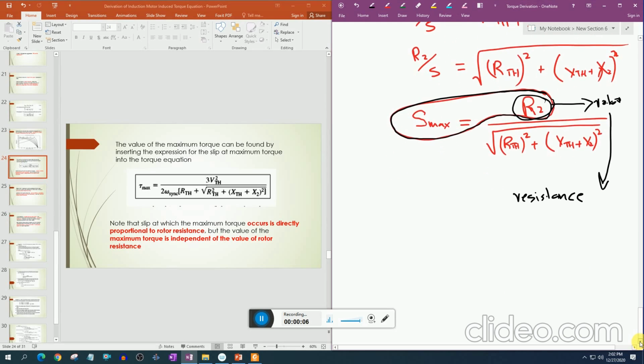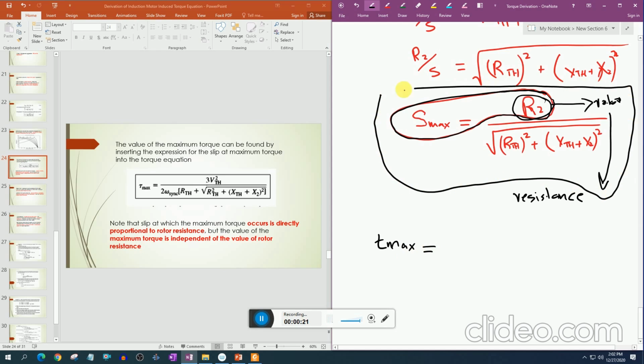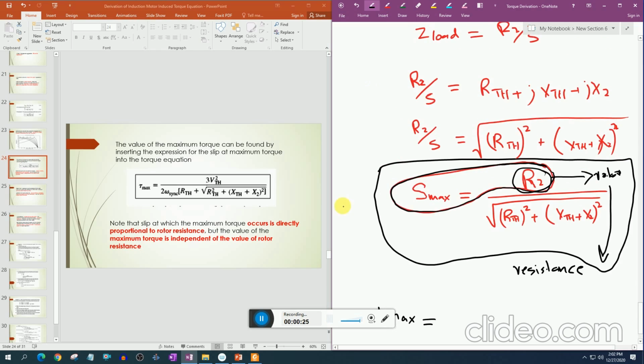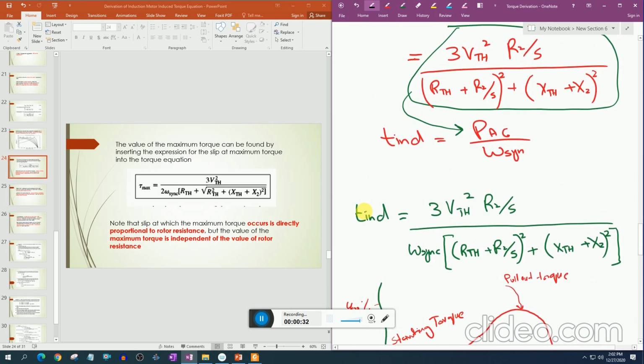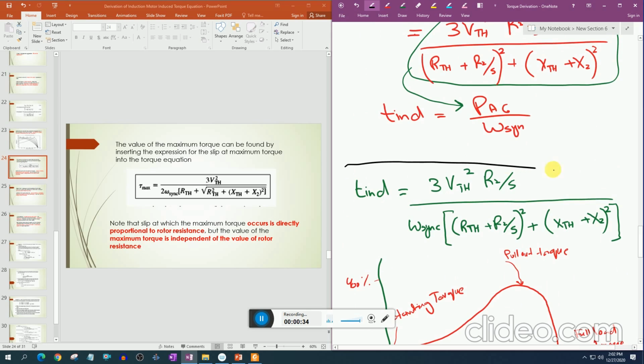Now the maximum pull out torque is given by putting the value of S maximum in the equation of torque induced. This is the torque induced equation.